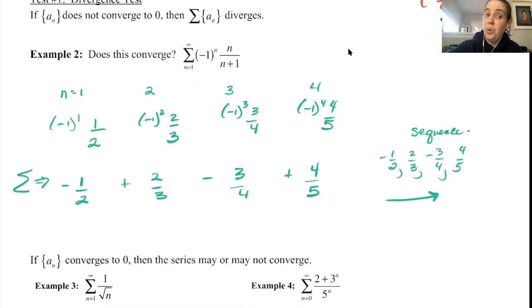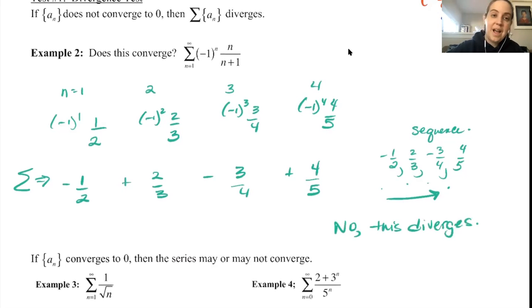The answer is no, they're not. This is -0.5, +0.6, -0.75, +0.8. Something called alternating, we'll get to that later, but this is tending towards a -1 or a +1. So we would say no, this diverges.